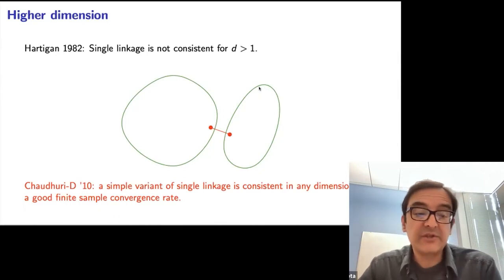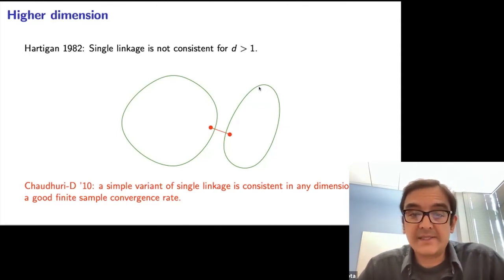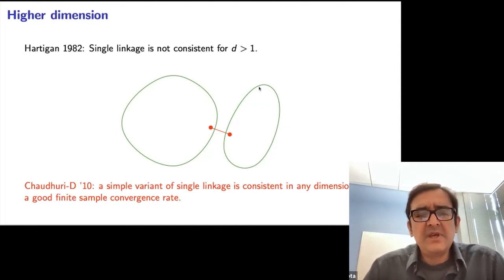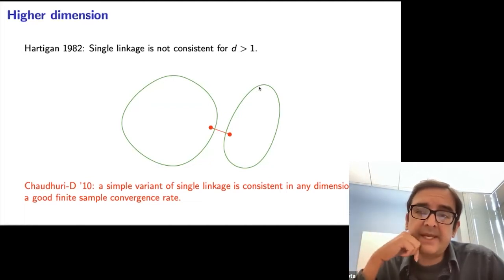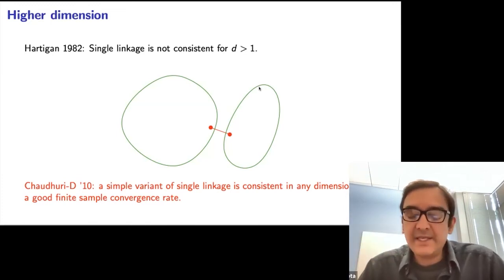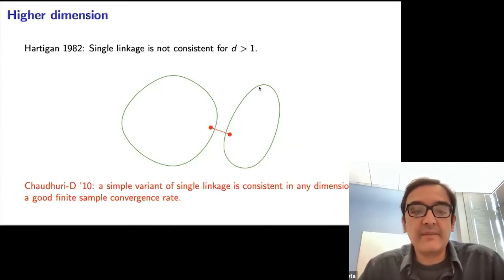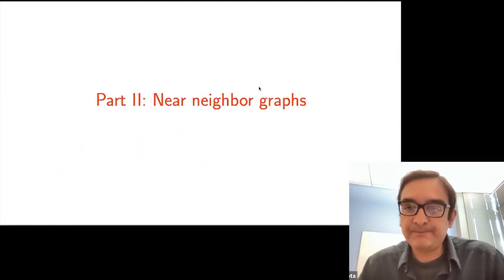And you can show that those rates are close to optimal in a minimax sense. So what is this tweak? How do you have to change single linkage to make it consistent? In order to understand that, it's useful to think of single linkage in a rather different way, in terms of near neighbor graphs. Let me talk about that now.